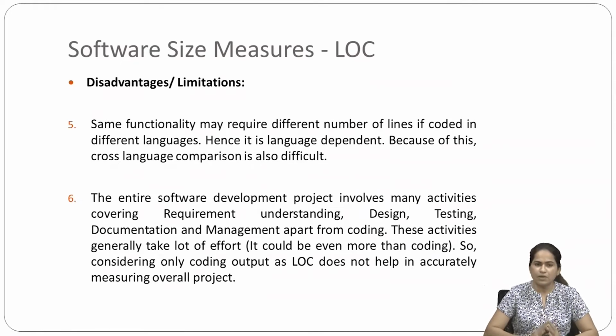So considering only coding output as LOC does not help in accurately measuring the overall project. If we are considering the overall project's estimation and we are only considering coding, then it will not give the accurate result, because some other factors are there which we need to consider. So this is the limitation.